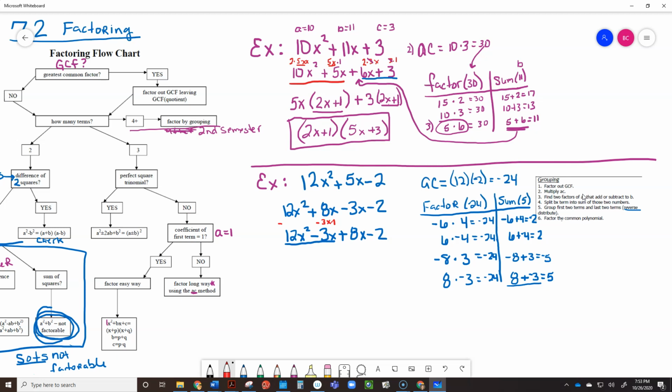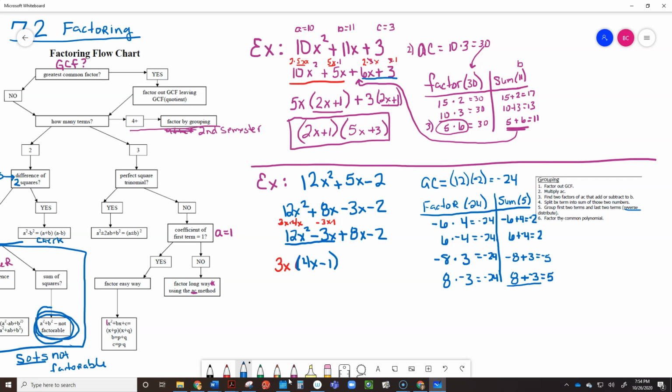What if I pull out a 3x and a 4x? You see how I factored 12x squared here to be 3x times 4x? And here I get a 3x. So that 3x can be the common factor that I undistribute. That's going to leave me the 4x inside there, and it's going to leave me the minus 1.